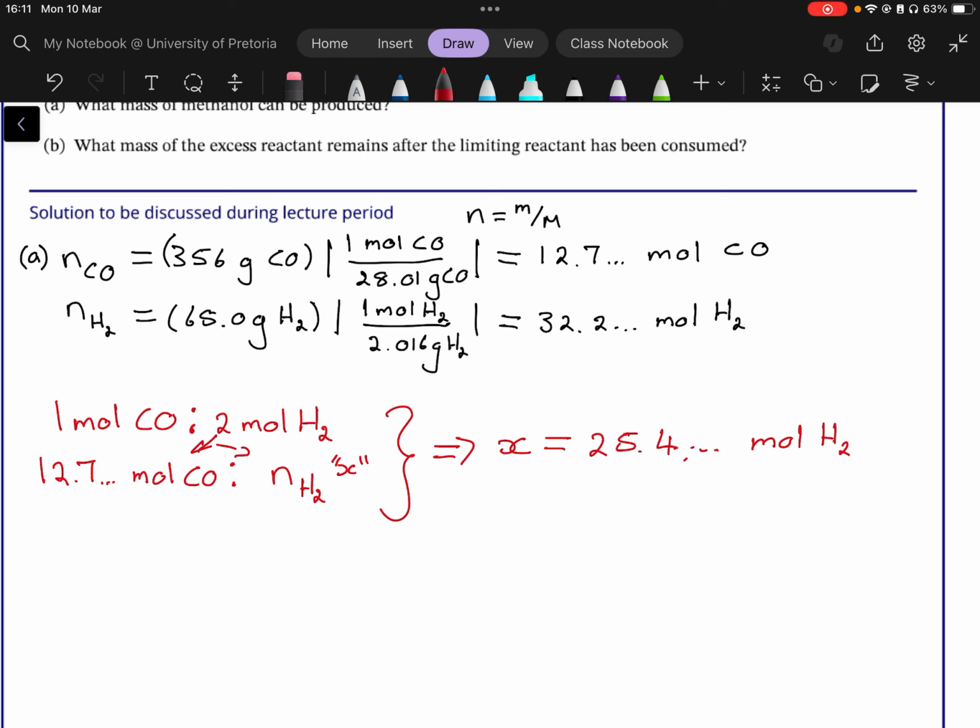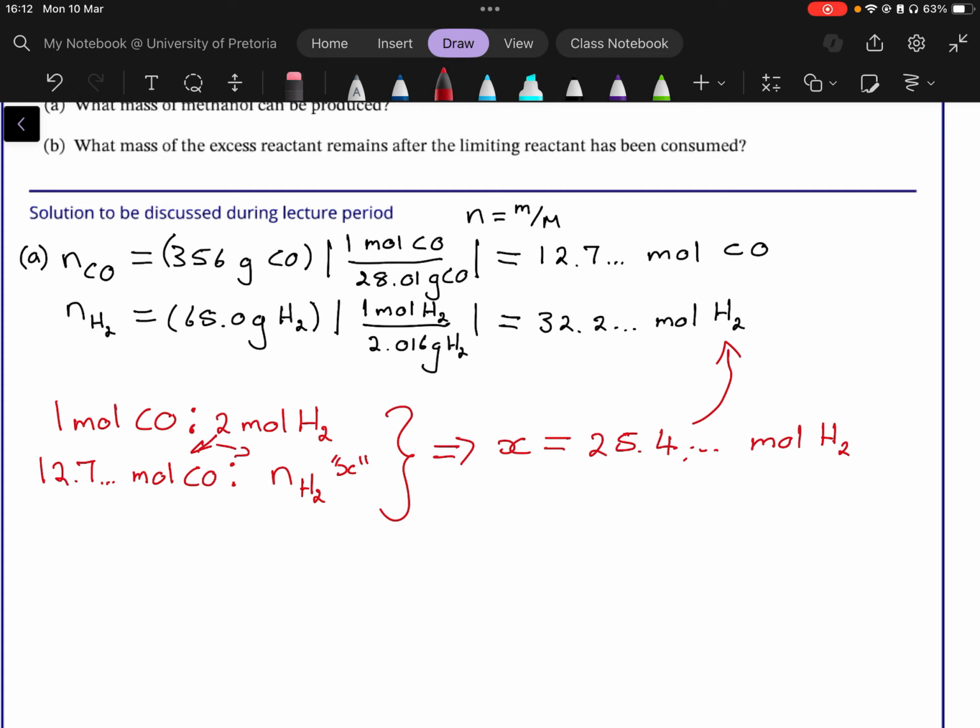So that's how much hydrogen we need to react with 12.7 mole CO. How much hydrogen do we have? Did you calculate that? Yes, you calculated that. That's how much you have. We have 32.2 mole.